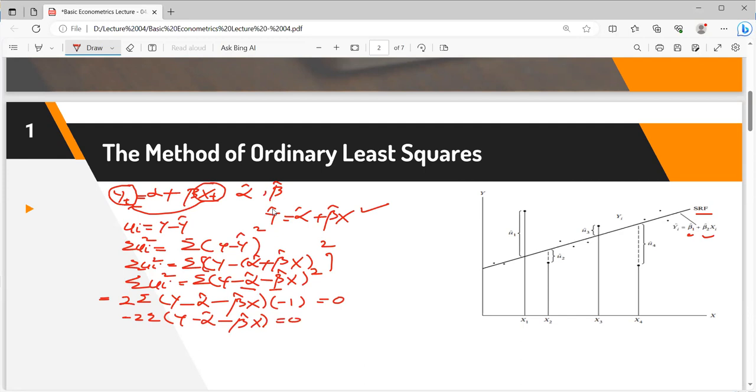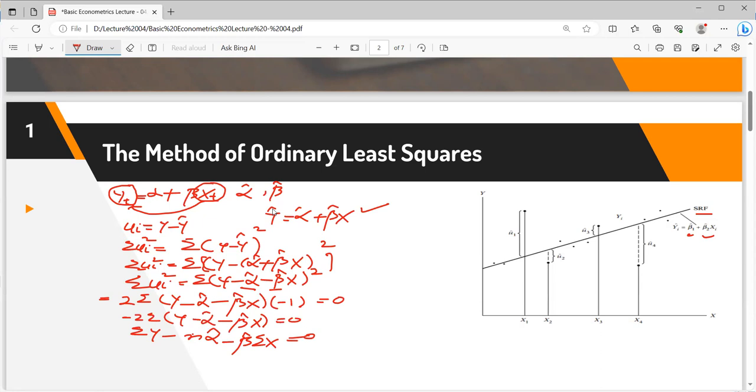By dividing by minus 2 on both sides, we apply summation inside the bracket: summation y minus n alpha hat, because if you put the summation with a constant it becomes n, minus beta hat summation x, equal to 0.